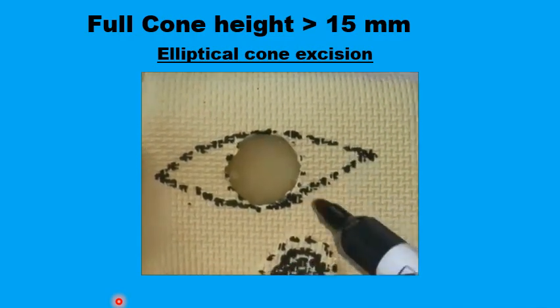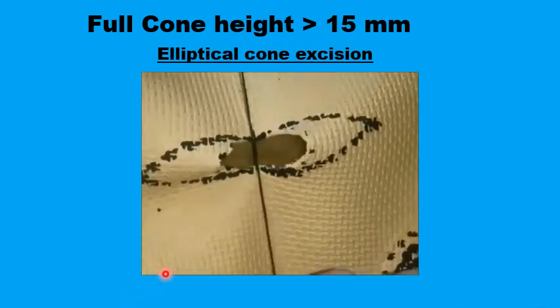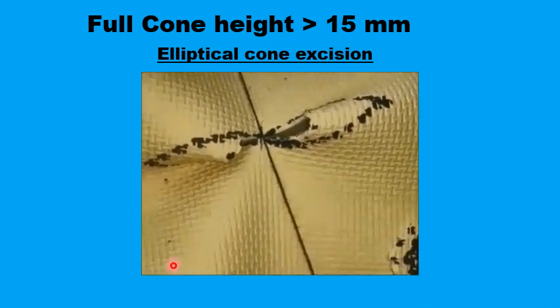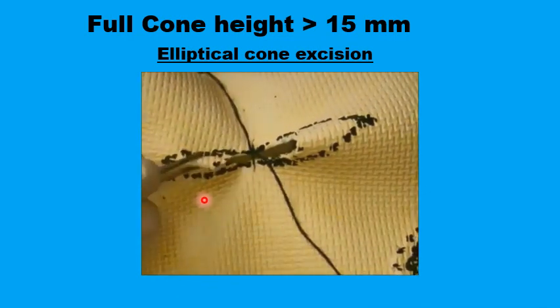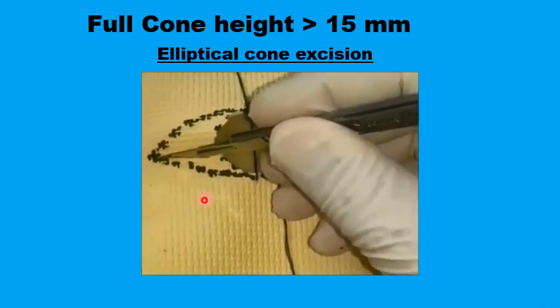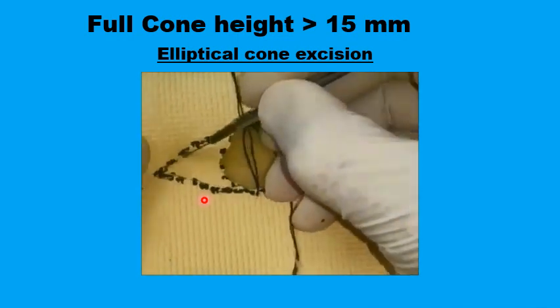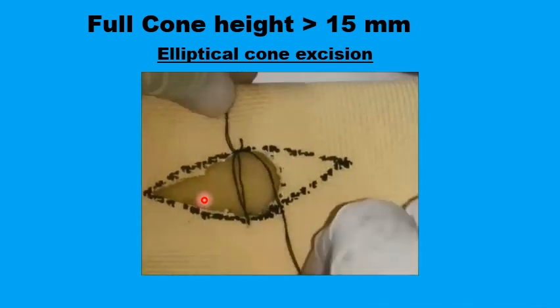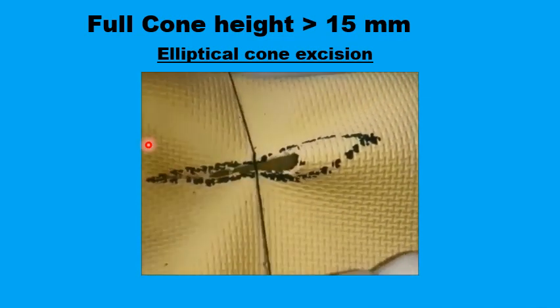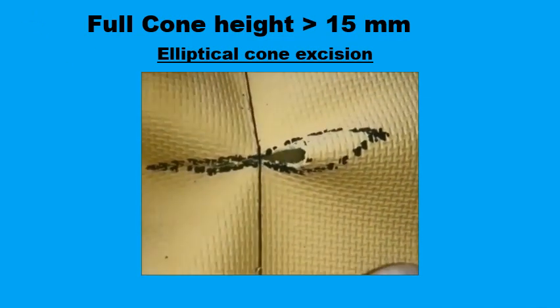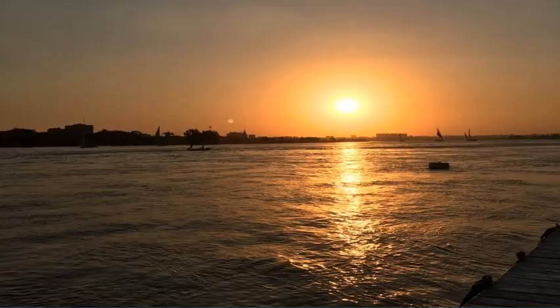When we try to suture this circular defect, you'll see dog ears forming full cone on both sides, and this elliptical bit of skin would have to be removed to flatten the wound so that you would have a straight wound edge. By this, we come to the end of this presentation on some plastic surgery techniques for primary repair of a defect in an exposed area like the face.